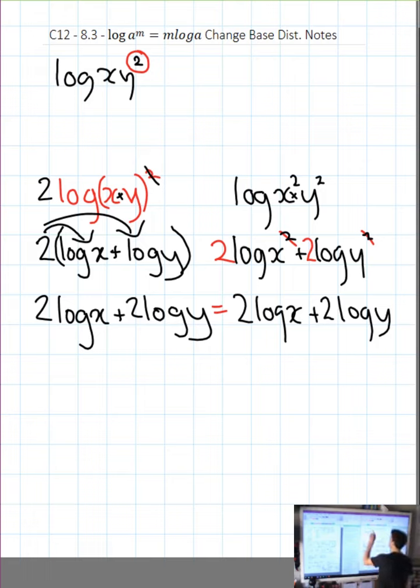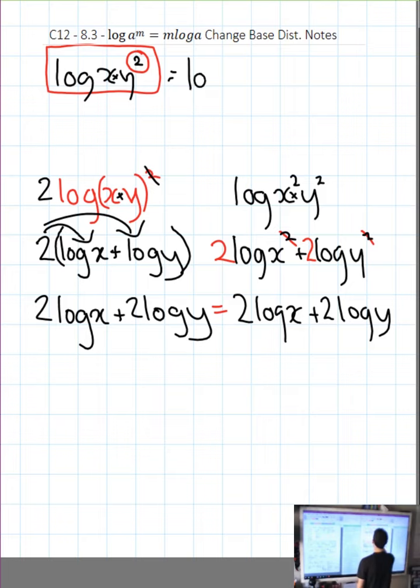So this 2 at the top can absolutely not be brought down. If I wanted to, I could separate this multiplication into an addition of logs. So log x plus log y squared.